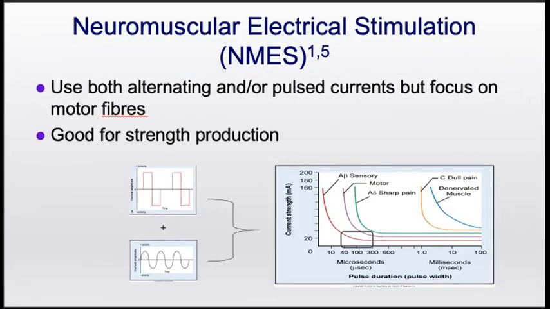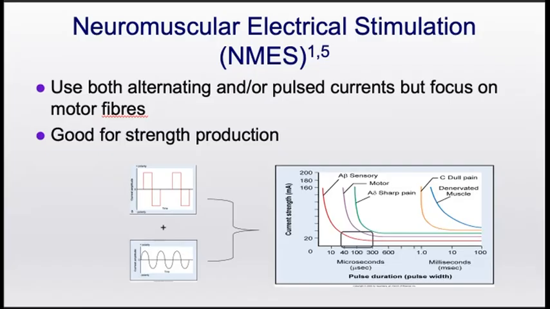Now, neuromuscular electrical stimulation uses both waveforms, okay? And it's primarily used to achieve pure motor twitch responses, okay? NMES is often used for improving strength production. So it's used a lot in weight training.